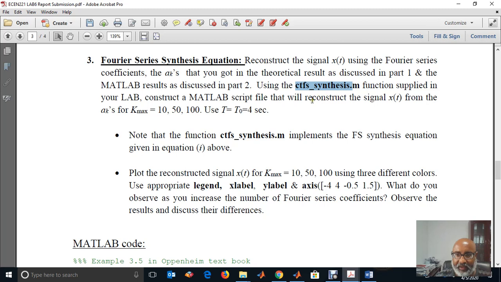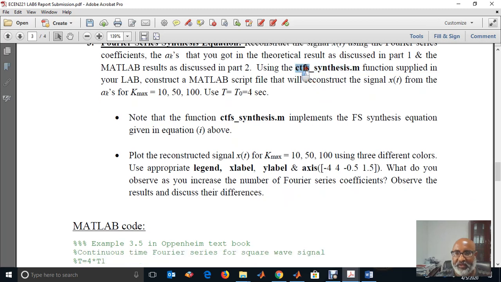So I have this function. I posted it in Blackboard, so you can get it from there. And you can use this function to reconstruct the signal.